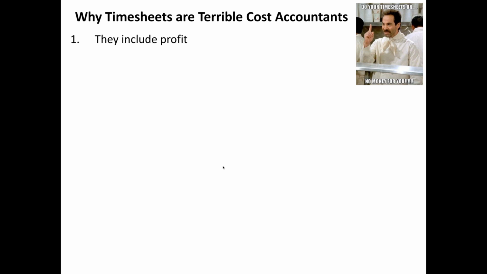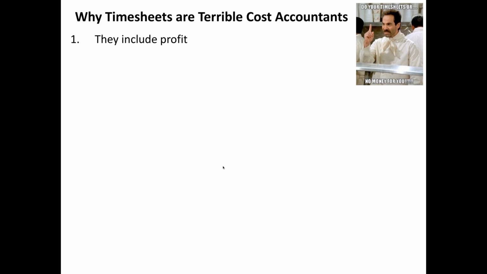First off, they include profit. If you tell me that your hourly rate is $200 per hour, and then you say, I've got 10 hours into this job, so obviously it's cost us $2,000, I'll say, really? It's cost you $2,000? Who'd you write that check to? I mean, that's obviously first an allocation.